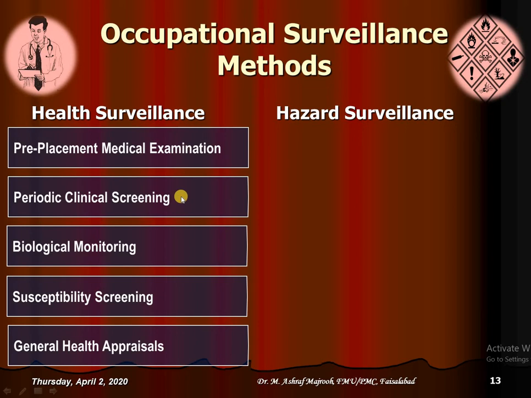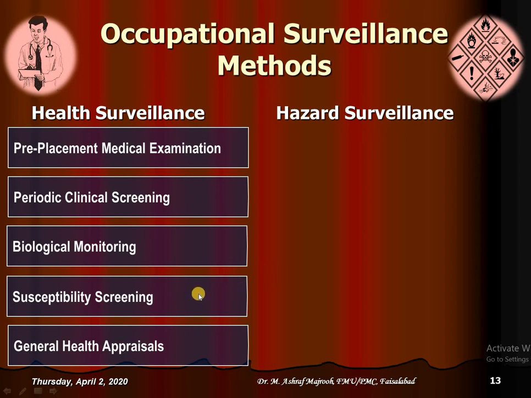These two tests are very important. Biological monitoring is done through laboratory testing, and susceptibility screening is among those people who are susceptible to certain chemicals or have genetic susceptibility.